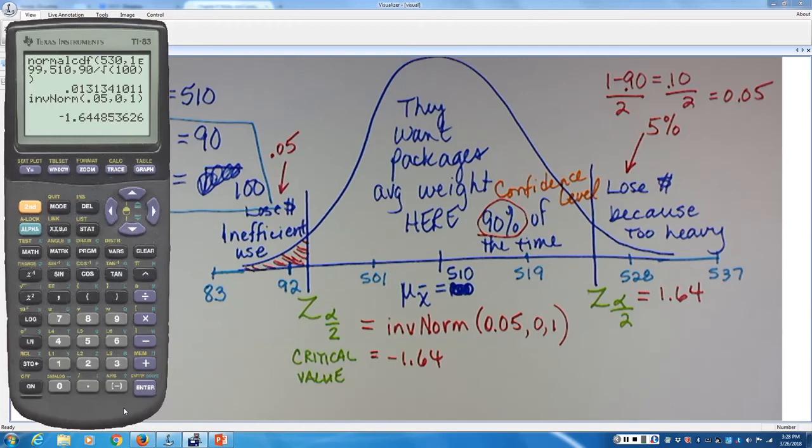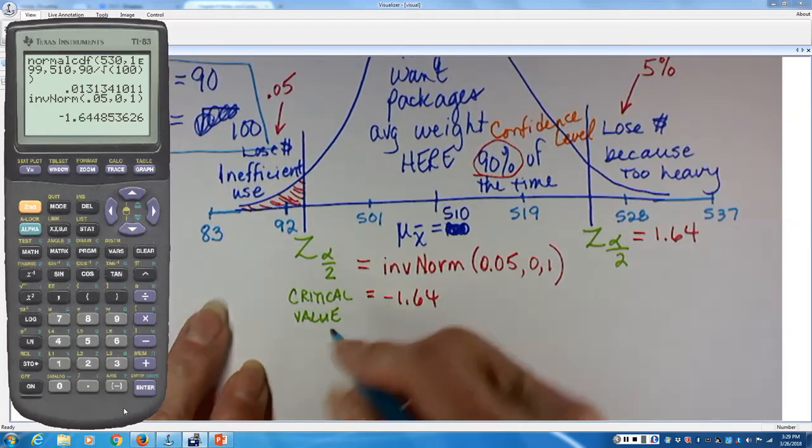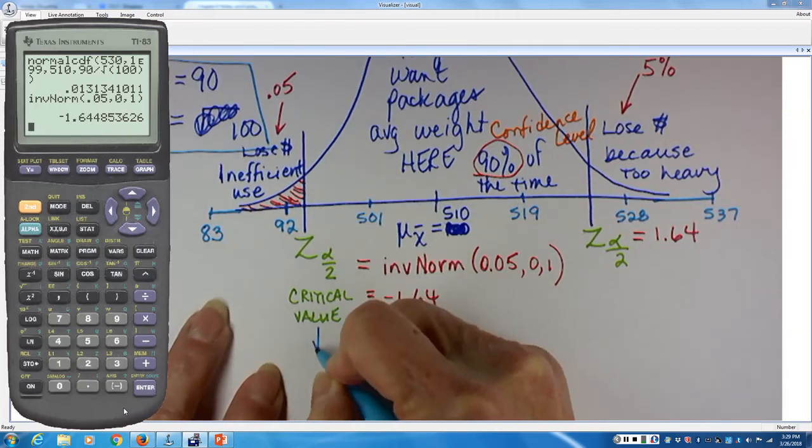Now, last time we also said, you don't actually have to have that Z-score. You actually could just go ahead and find out what the value is, your upper and lower numbers here. So we could actually find this.